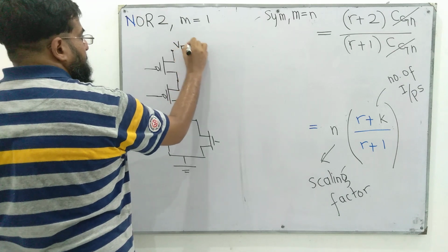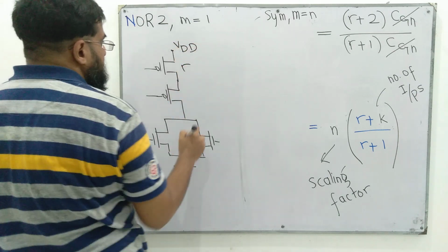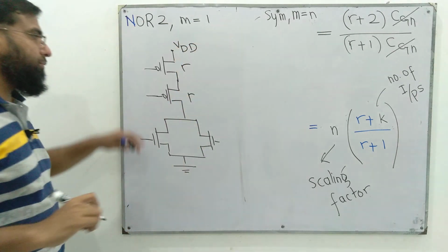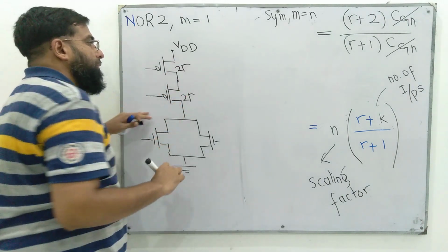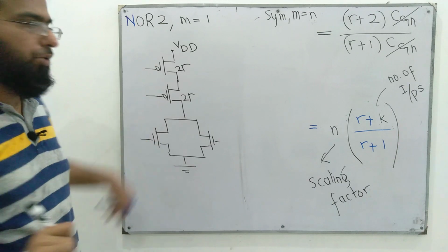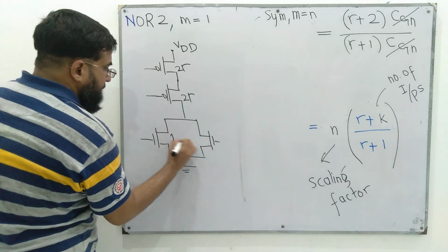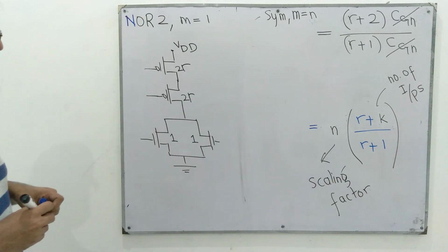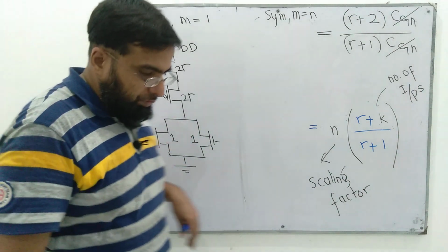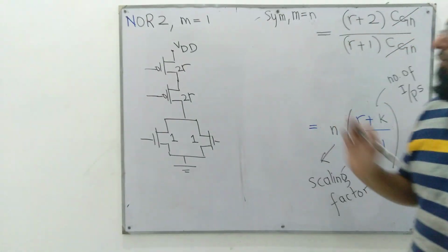Right. This is R, this is R. So they have to be 2R each to make this rise time delay equal to the delay of NOT. The parallel ones have to be 1 because in the worst case, only one of them is on. So they are all 1, no matter how many they are in parallel.